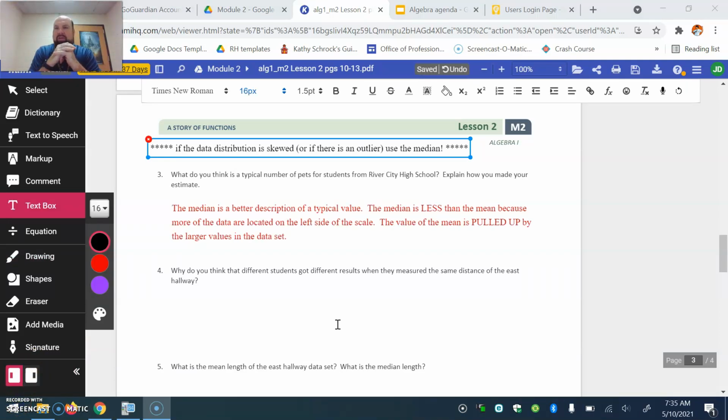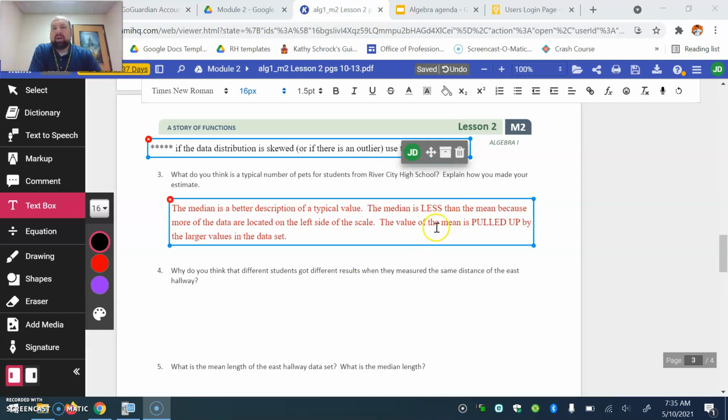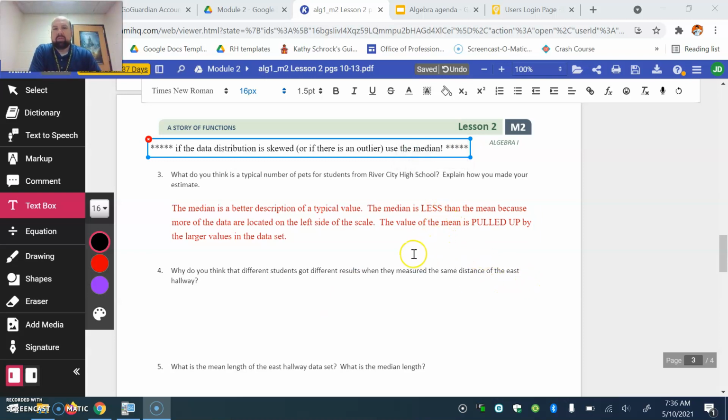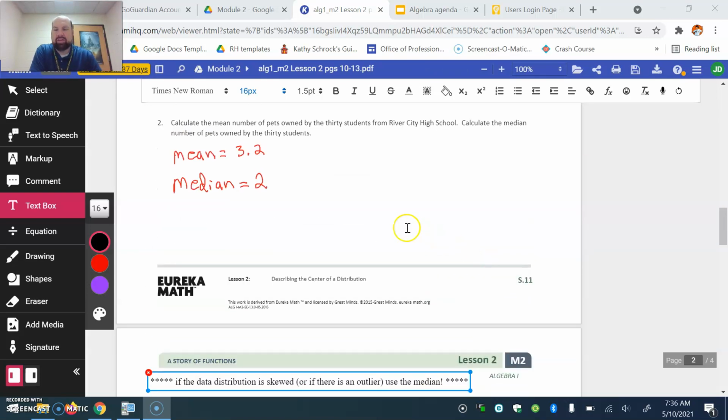Okay, so let's talk about how to answer this. So if we're trying to figure out what the best or most typical number of pets for a student in this high school is, and we've got these two numbers, mean and median. If I just have the numbers, it's hard to say which one is better. Okay, they're not really that far apart, but 3.2 versus 2, there's still a significant difference.